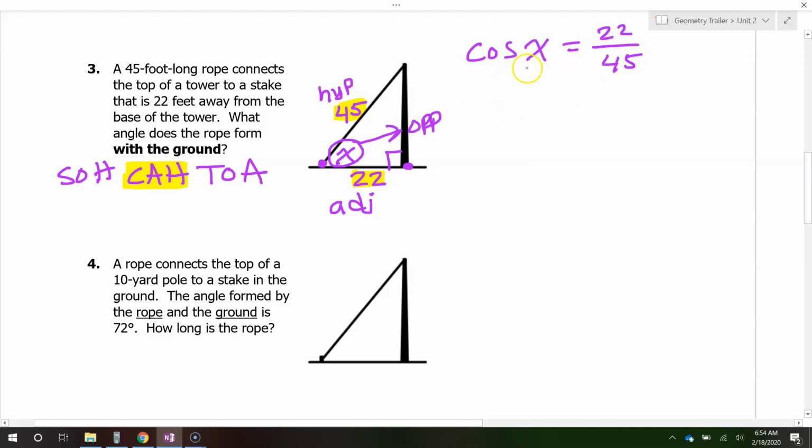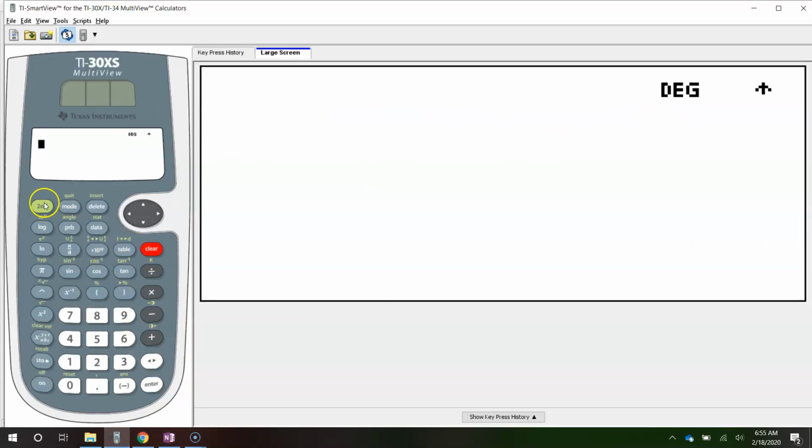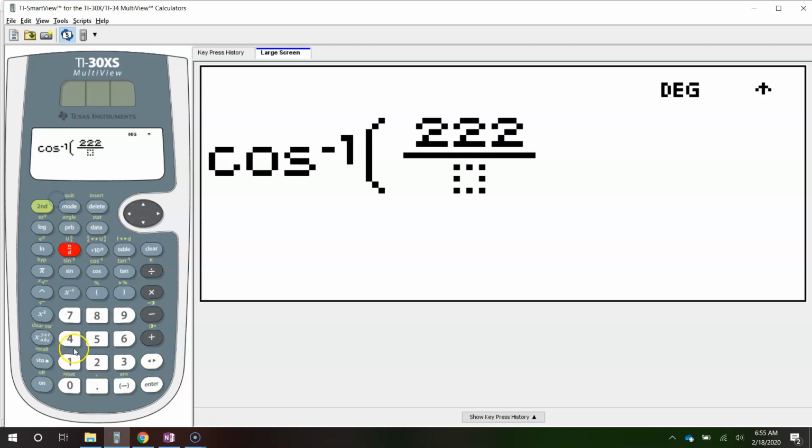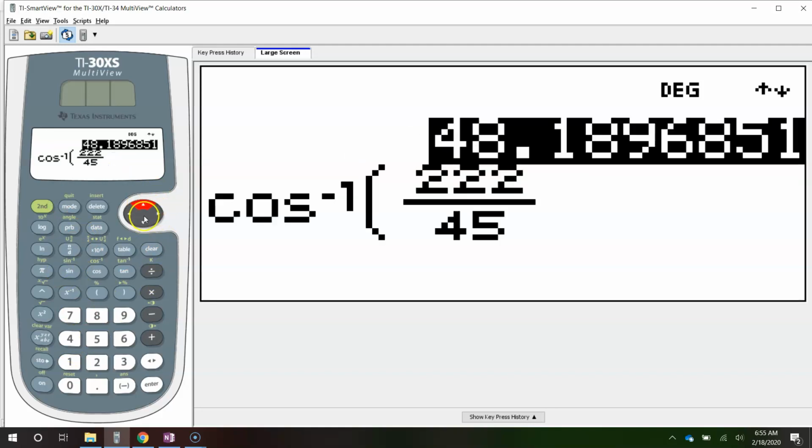Do we multiply, swap, or inverse? This is the third time we've seen this. When the angle is inside the trig function, that is when we inverse. So we will do inverse cosine of 22 over 45 is equal to x. So let's see, inverse cosine 22 over 45. Whoa, too many twos.